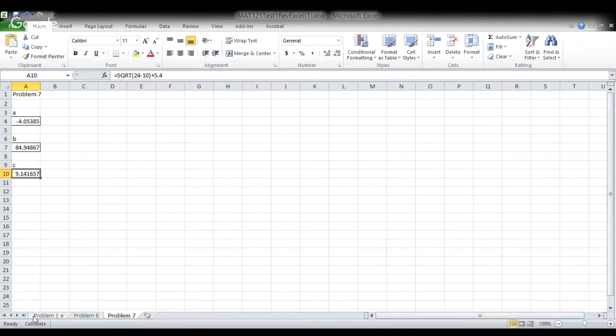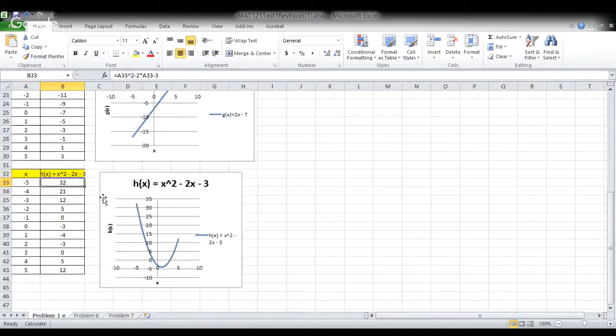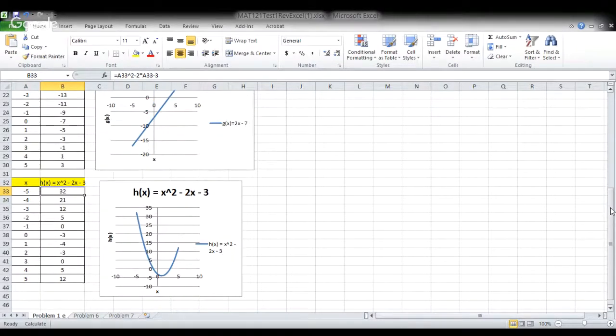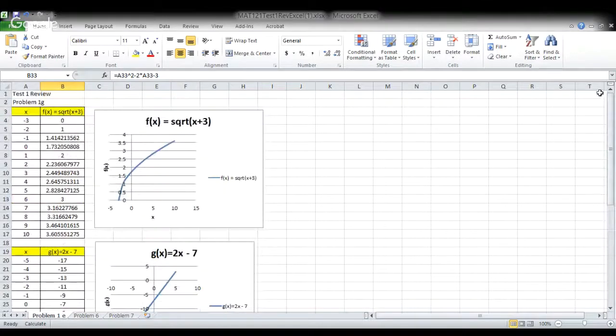And I think maybe we should go back to problem 1, because I didn't point out that when you're putting these formulas in to graph these functions, you're using cell references. You're not calculating this yourself. I am looking for this cell reference. Like here, my cell reference is A4. That's in place of the X, because this is A4.